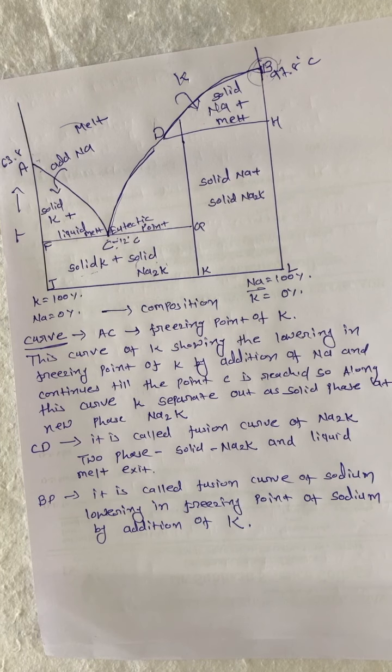Along the curve, sodium separates out as a solid phase, and a new phase Na2K separates out at point D, and two phases, solid Na and melt, are in equilibrium.